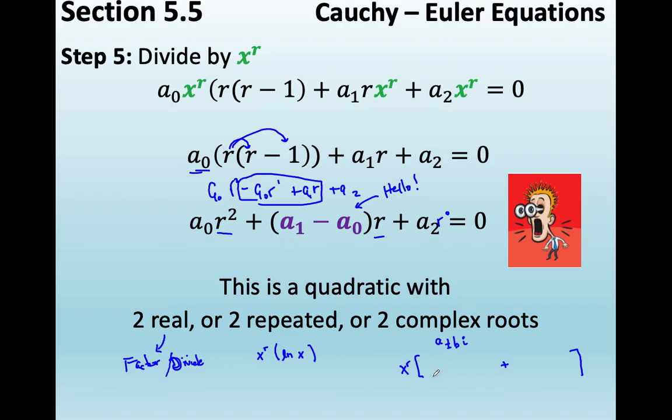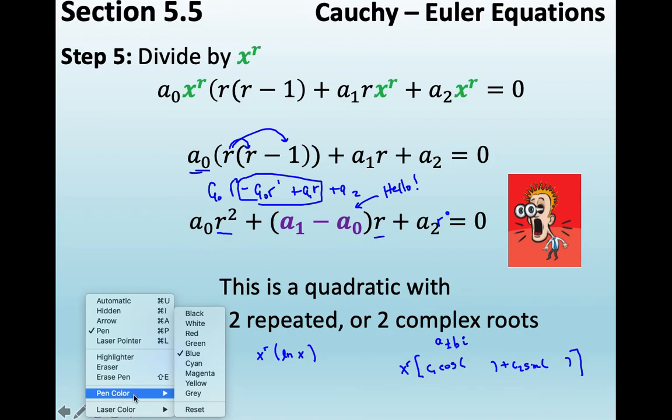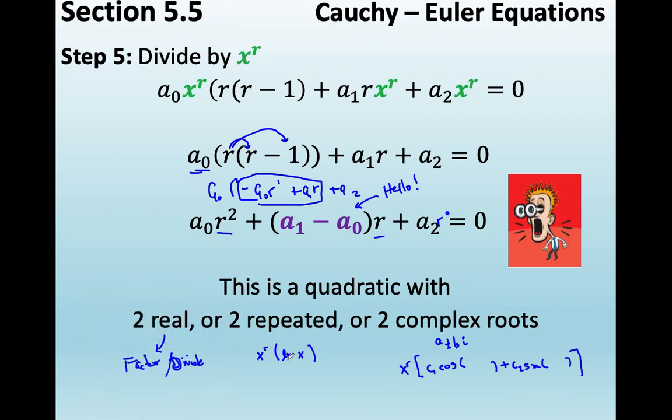I'll put the coefficients in this time. Yep, this is going to be cosine. And this is going to be sine. But in there, and I should have made this red, shouldn't I have?